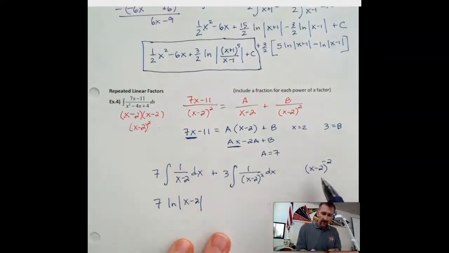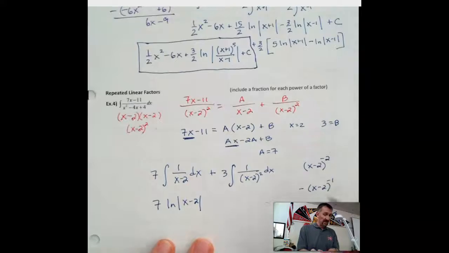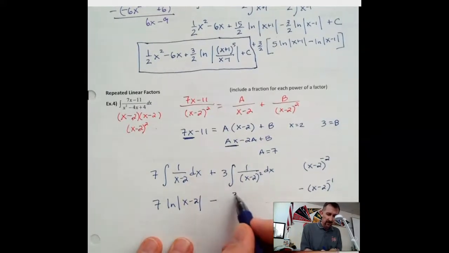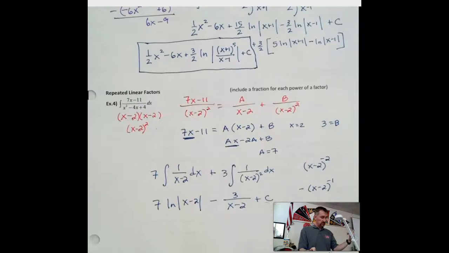If I add 1 to the exponent, that would be x minus 2 to the negative 1, and then divide by the new exponent. So that is going to be negative, and then I've got the 3 there, and that's not a natural log. And then don't forget the plus c, which I hadn't integrated yet there.